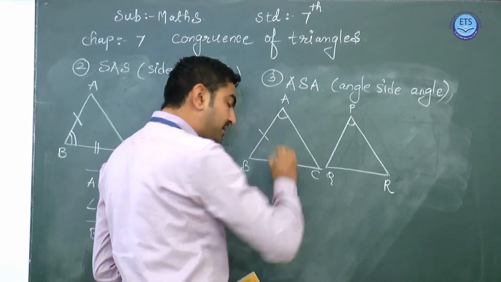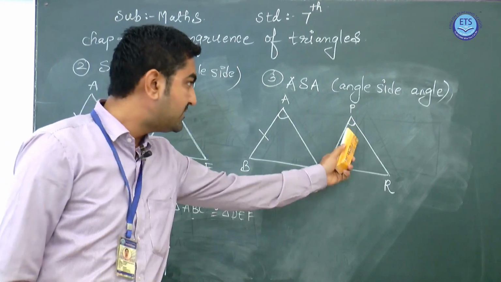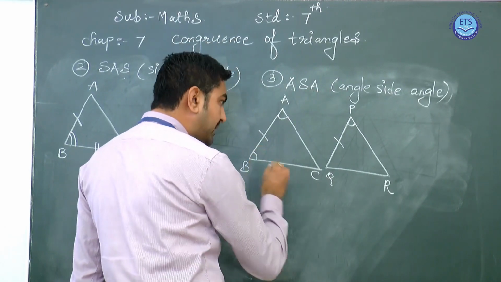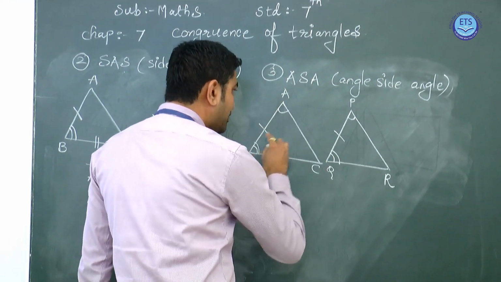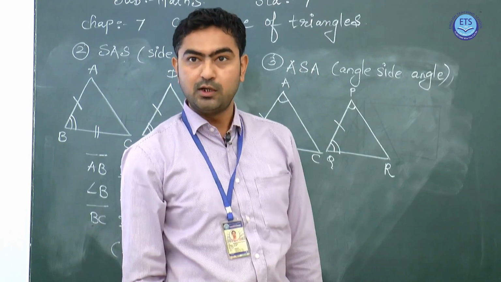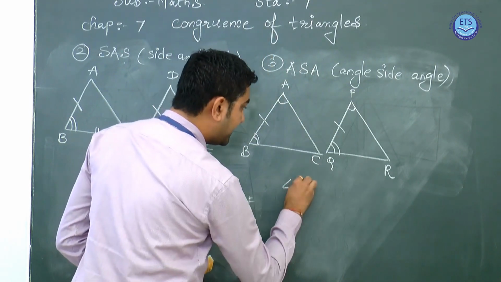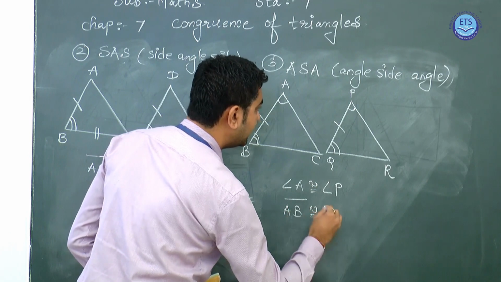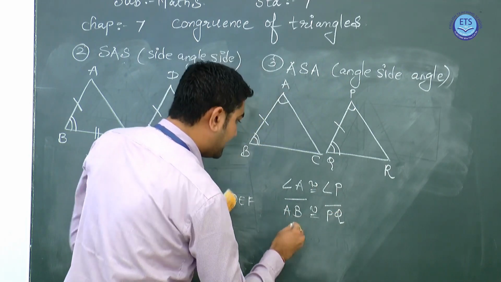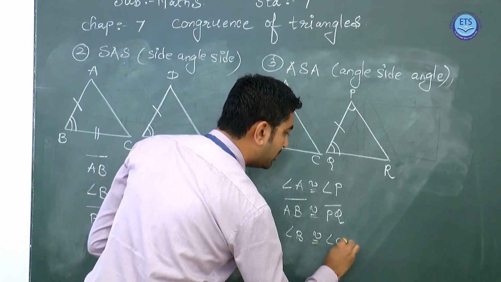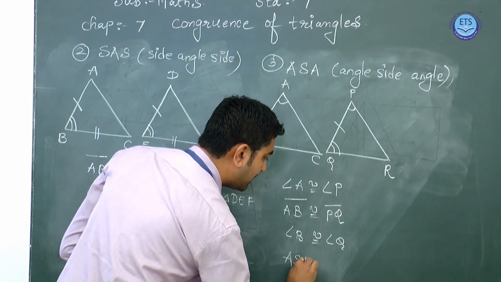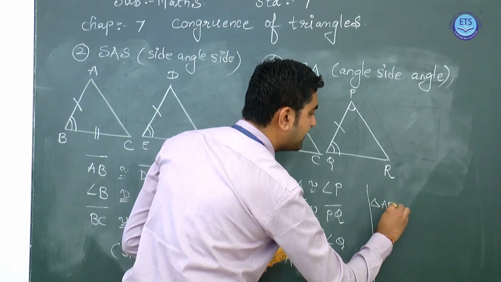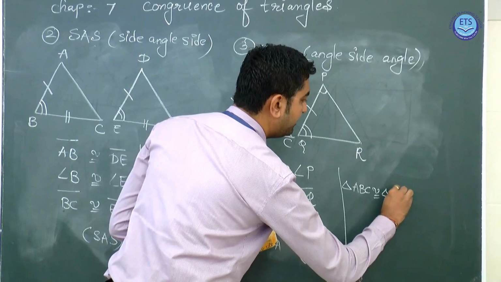Side, line segment AB of the first triangle, and in the second triangle line segment PQ, and here angle B, corresponding angle Q. So, by using the ASA criterion rule, you should write: angle A is congruent to angle P, line segment AB is congruent to line segment PQ, and angle B is congruent to angle Q. By using the ASA congruence rule, triangle ABC is congruent to triangle PQR.